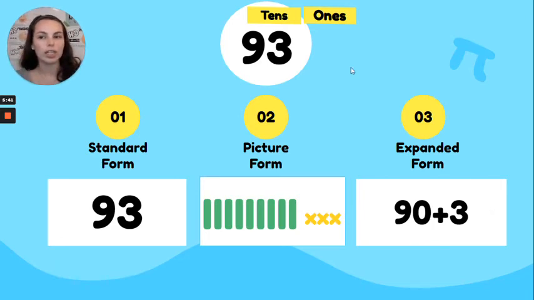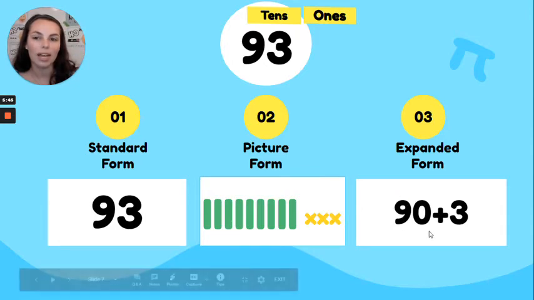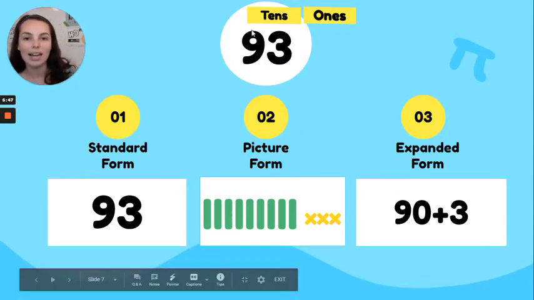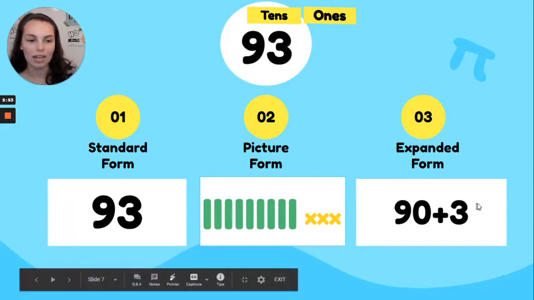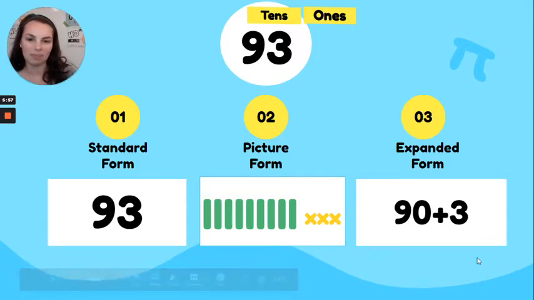And here's a little trick. If you say the number slowly, it'll tell you how to write it in expanded form. 93. So I'm writing expanded with that plus sign in the middle to tell me all of it together equals 93.